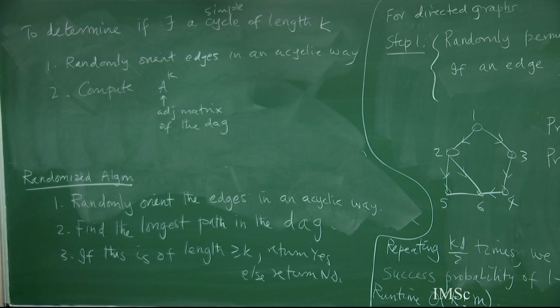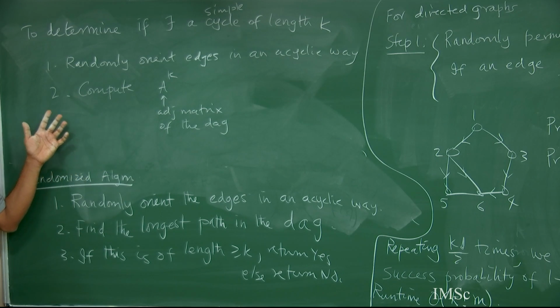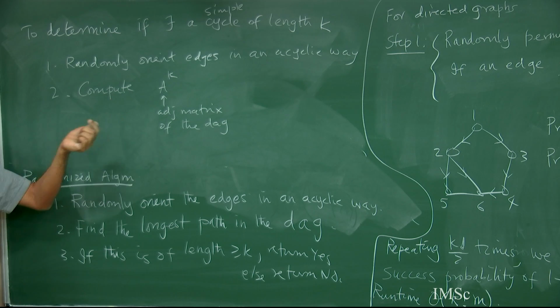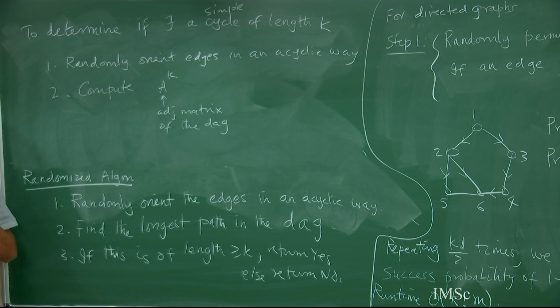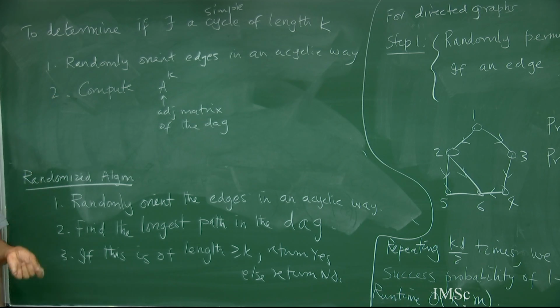Now the ij-th entry gives you the number of walks from i to j, but walks and paths are the same because it is an acyclic graph. So the ij-th entry will give you the number of paths from i to j.